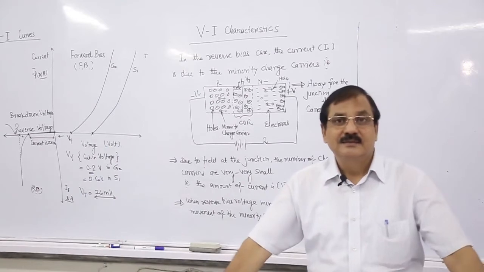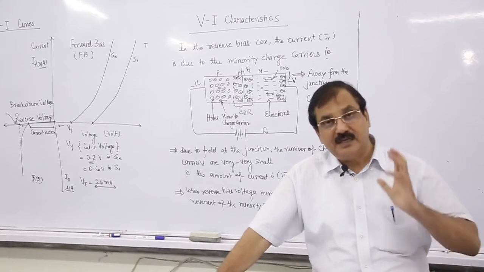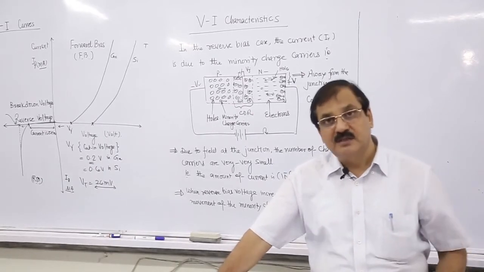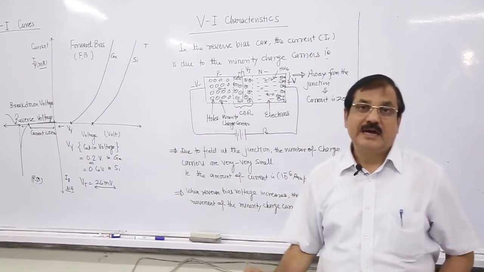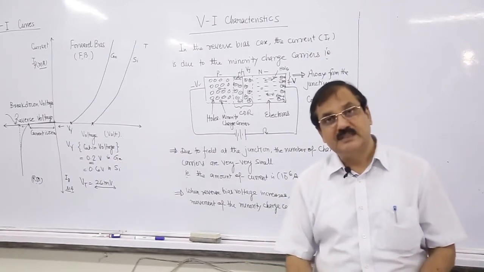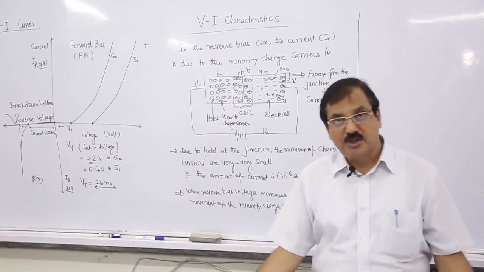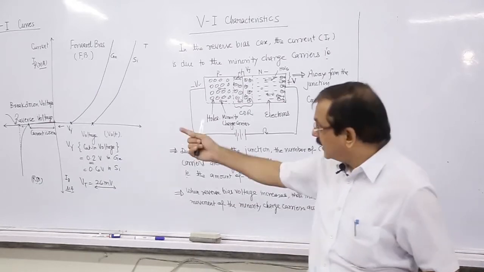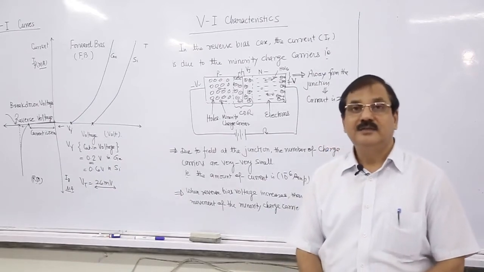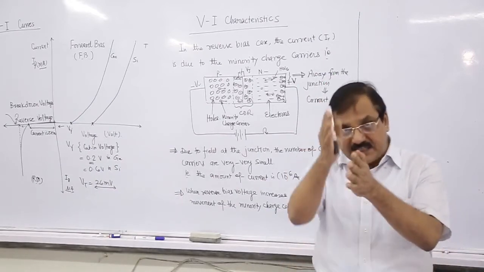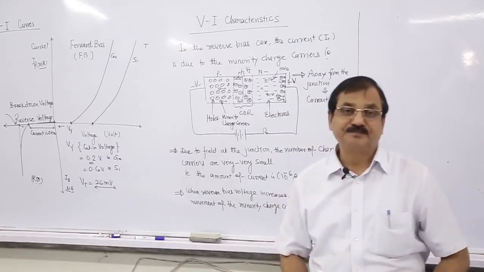This amount of energy will break the bonds in the semiconductor diode, and due to the breaking of bonds there are a huge number of electrons available at a certain potential, and that potential is known as breakdown voltage, and the corresponding current will increase sharply at that particular voltage.